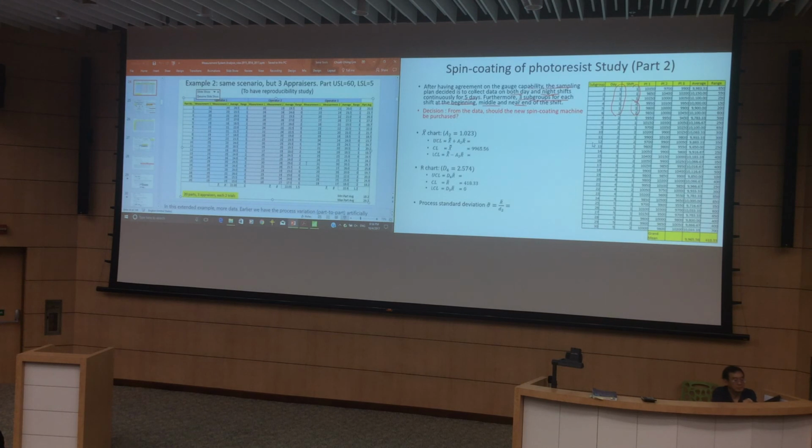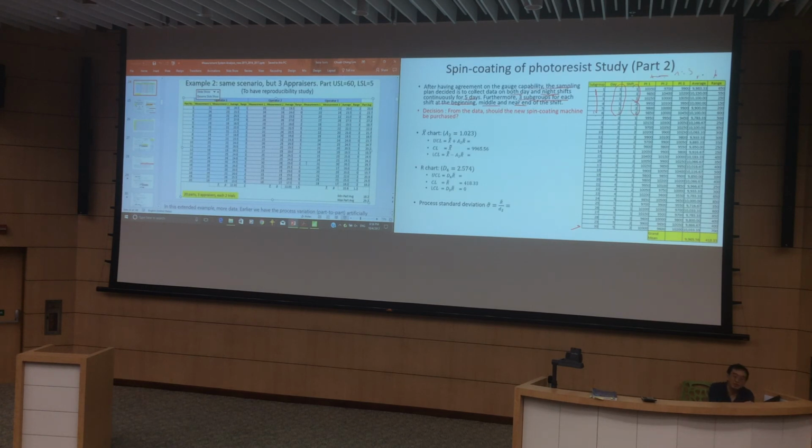So you sample this, and they get 30 subgroups, and each of them has n of 3, 3 measurements that you can average.